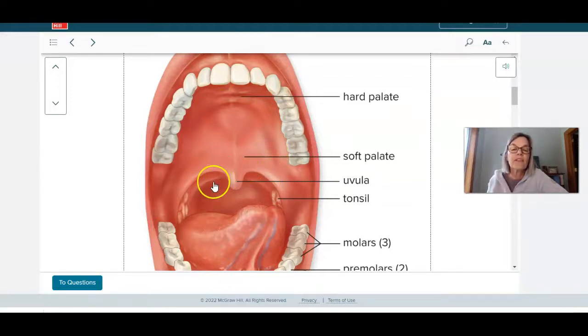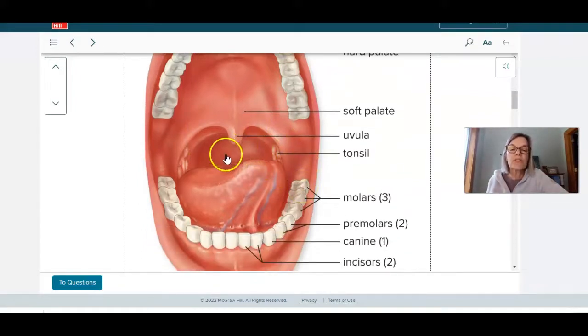And so we've got all this soft tissue that leads to the throat, the pharynx. Most of us, when we're a little kid, find the uvula very fascinating. But it's just a piece of tissue that hangs down, and it probably serves some purpose in helping prevent liquids from going up above the soft palate into the nasal cavity.